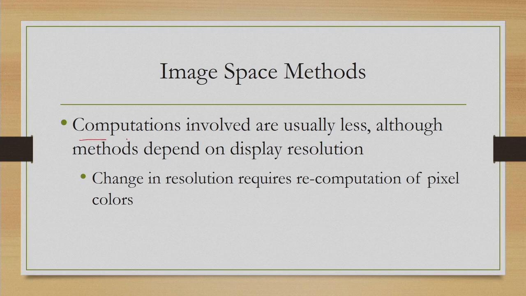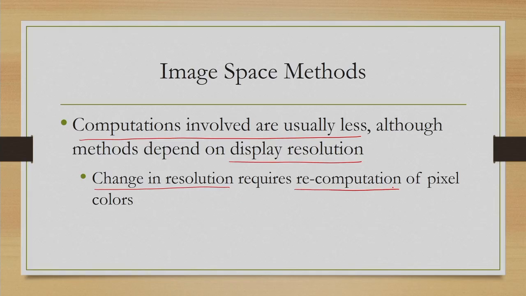Here the computations are usually less compared to object space methods. However, the method depends on display resolution, because we are doing the computations for each pixel. So, if there is a change in resolution, then we require recomputation of pixel colors. So, that is the overhead.